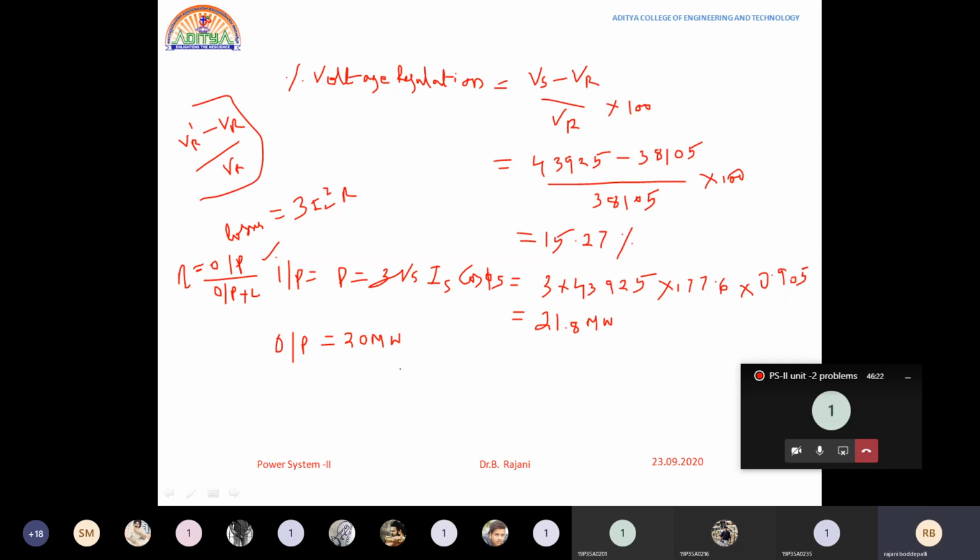After finding the losses, and finding the input also, is another method. If you know the input and output, can we find the efficiency? Efficiency is equal to output by input, straight away we can put. Now into 100, 20 by 21.8.